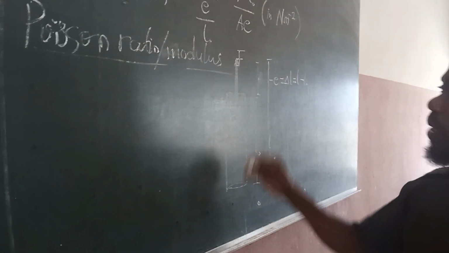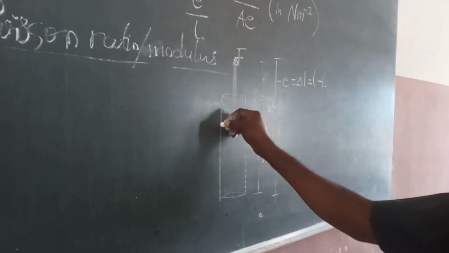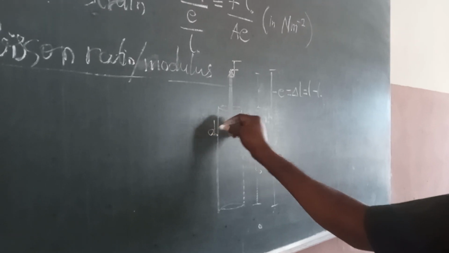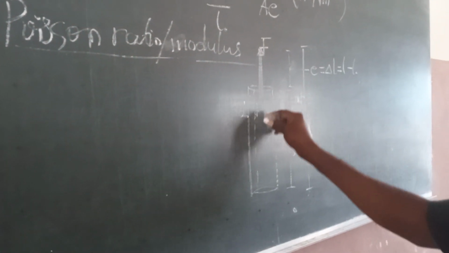Then it is also noticed that when a body is being pulled, the cross-sectional area, the diameter, reduces from D0 to a final D.